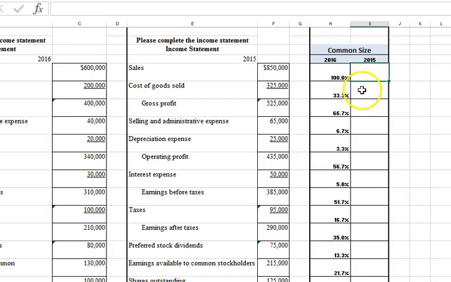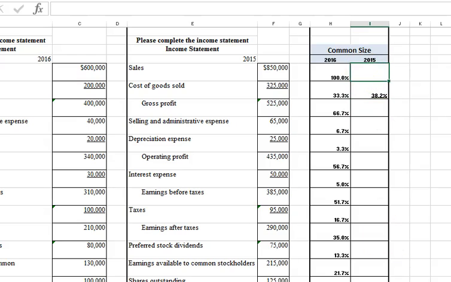So how did I want you to calculate these two right here for 2015. This is 2015. Cost of goods sold and gross profit. Calculate by hand the percentage of sales. And again, what we're doing is we're going to take cost of goods sold for 2015 and divide by sales for 2015.